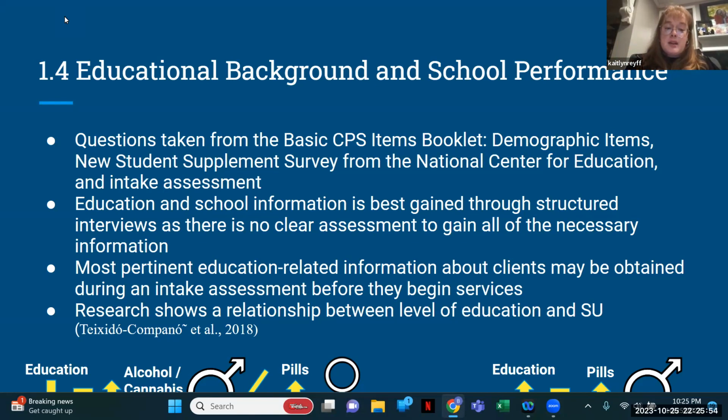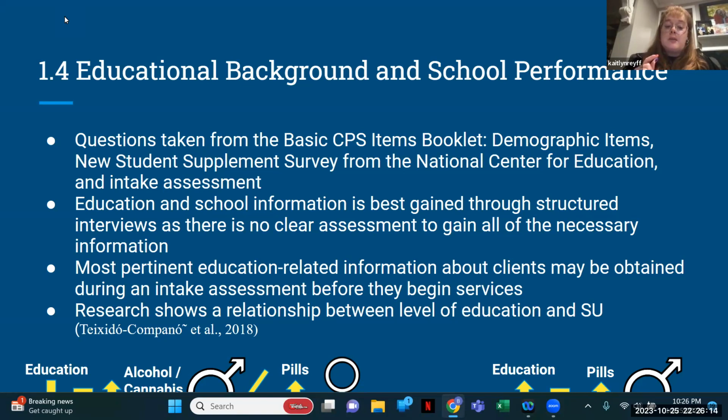So at the bottom, through education, I found there are different education levels that have different kinds of substance use for men and women. So lower education affects different substance use in men, like higher alcohol or cannabis.